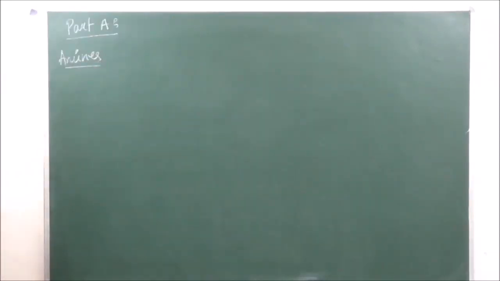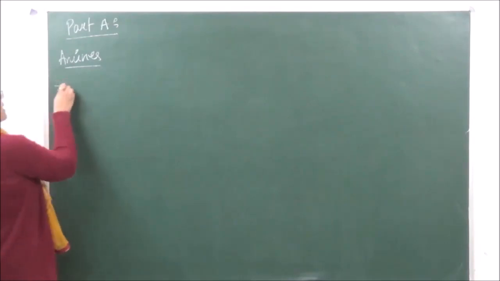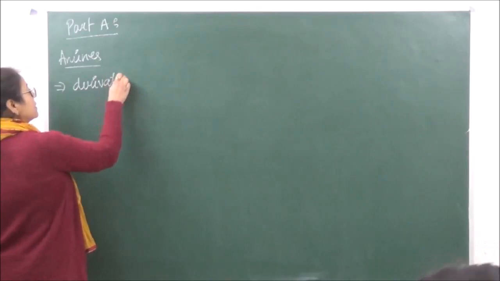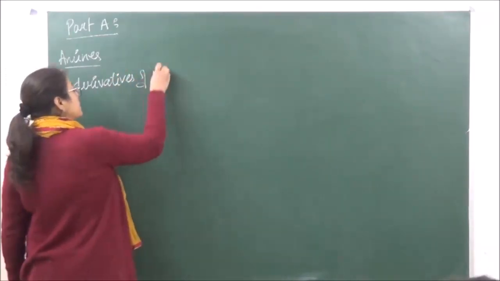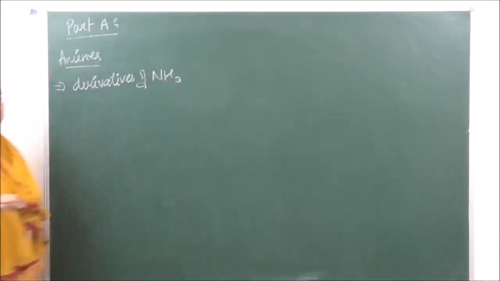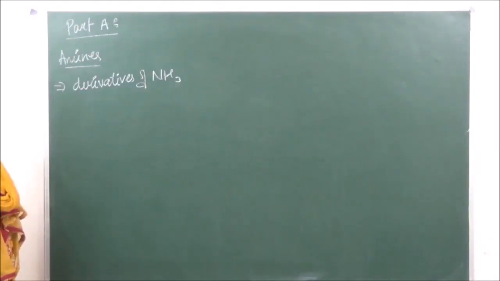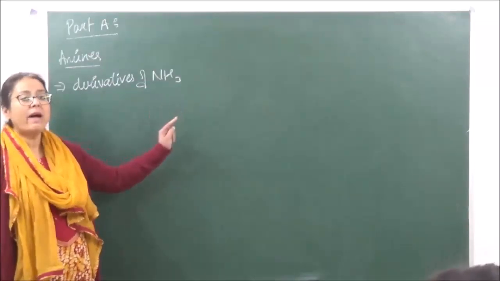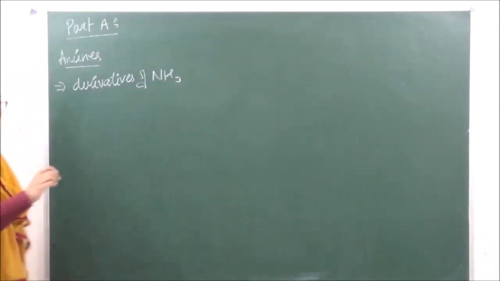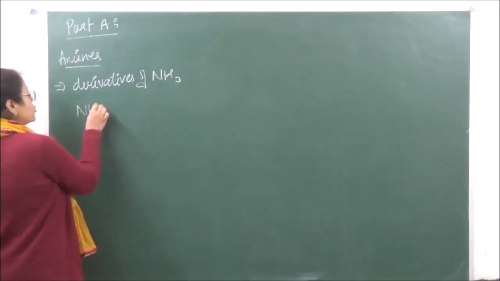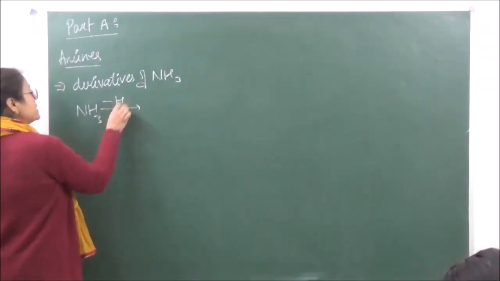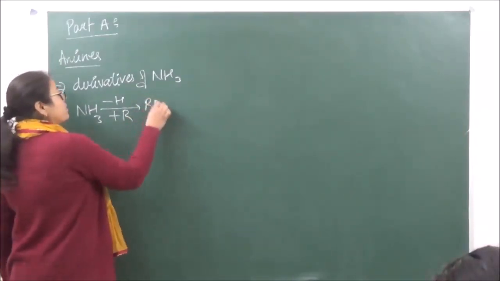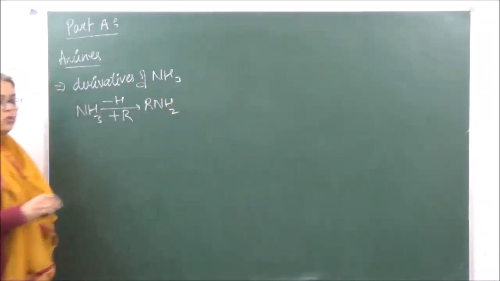What are amines? Amines are generally regarded as derivatives of ammonia, derived by replacing 1, 2 or all 3 hydrogens of ammonia. Like for example, if we have over here NH3, so NH3 minus H and plus R. This is going to give us primary amines with the formula RNH2.